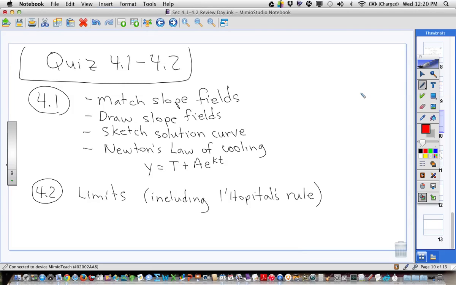So I think that's the reason I have some solution curves drawn in on this worksheet here, if you're checking that. So you need to be able to do that too. So if I give you a slope field or have you draw a slope field and have an initial condition for you, you should go with the flow, be able to draw your solution curve in there. So that's those first 3. Match slope fields, draw slope fields, and then sketch your solution curve.